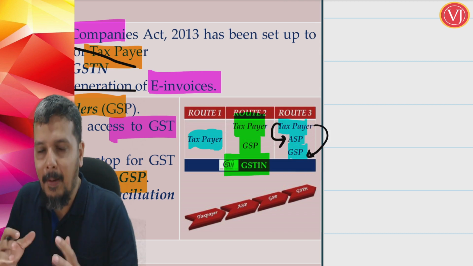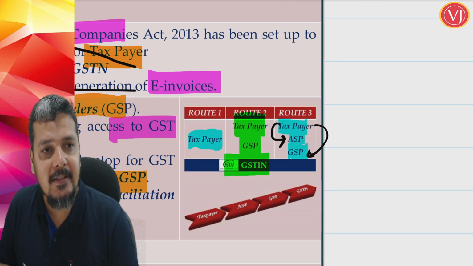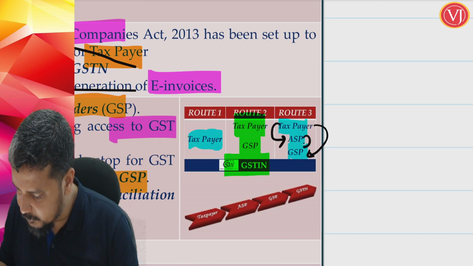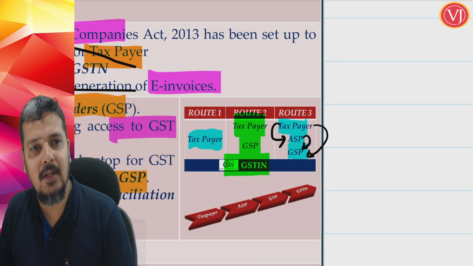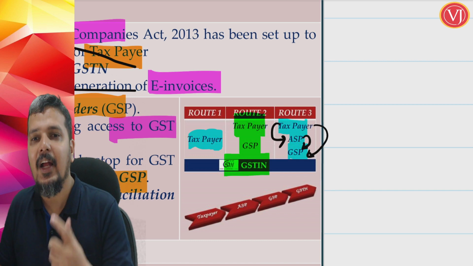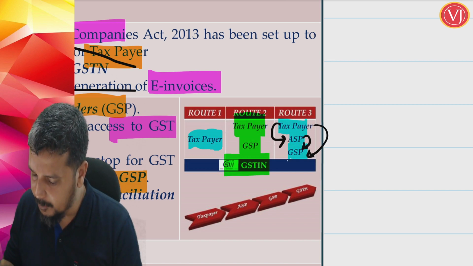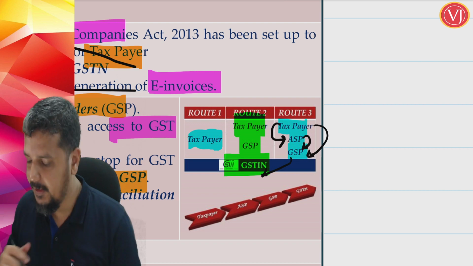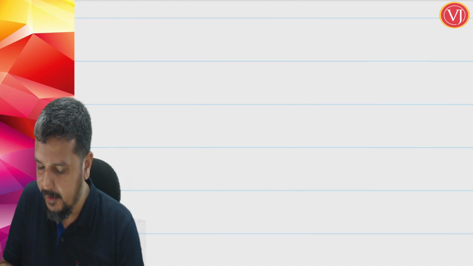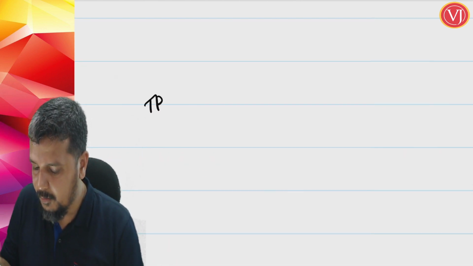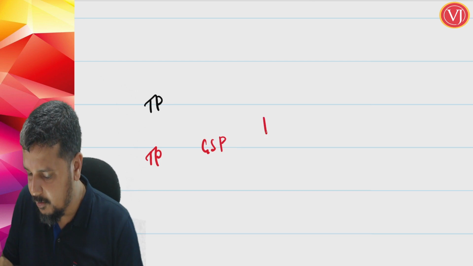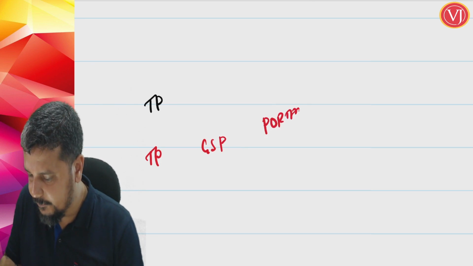Now, part of the information is not available with the GSP. So who will talk to whom? The ASP will talk to the GSP. Finally, when it is talking to the portal, who will talk to the portal? The GSP. If I were to tell this in a different way: taxpayer to portal is the first scenario. Second scenario, taxpayer to GSP to portal.